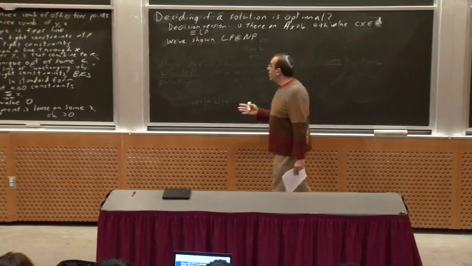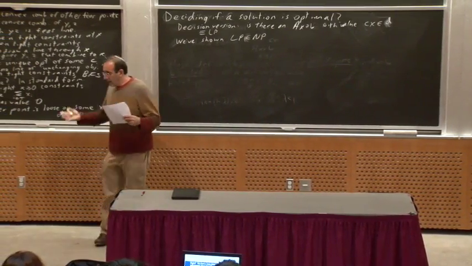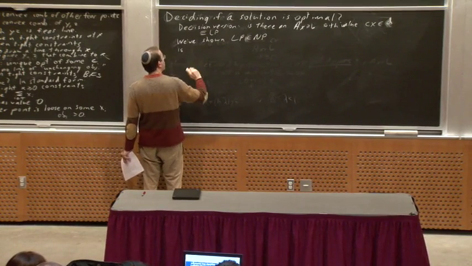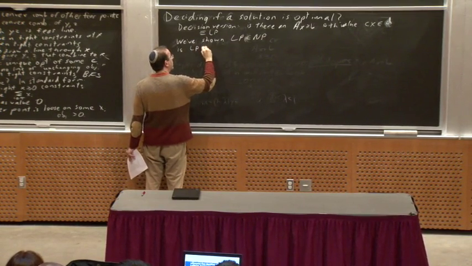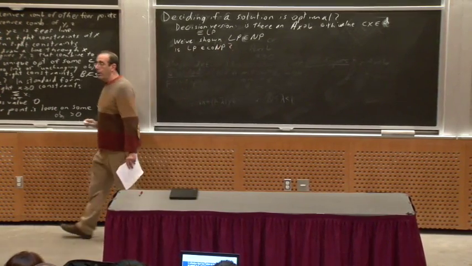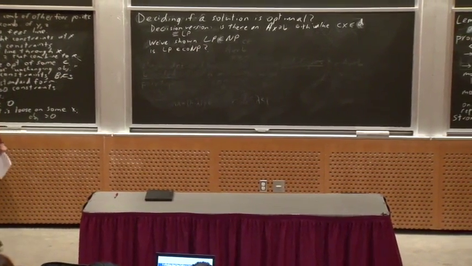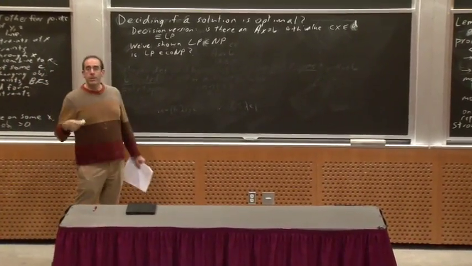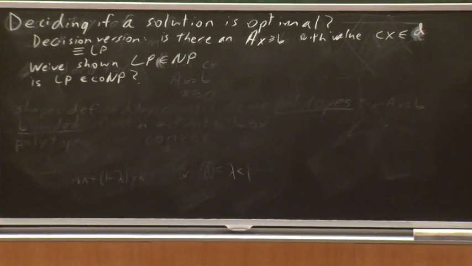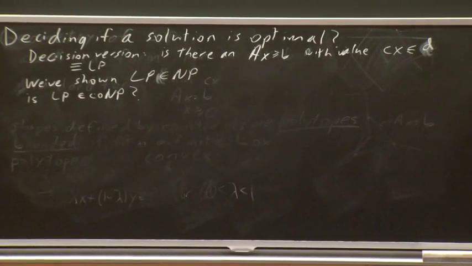Okay. So from the sort of simplification or breaking down in pieces, a natural next question to ask is whether LP is in co-NP. So if there is no solution better than d, can we demonstrate that? This is the analog with our linear system problem of showing that there's no solution to the linear system.